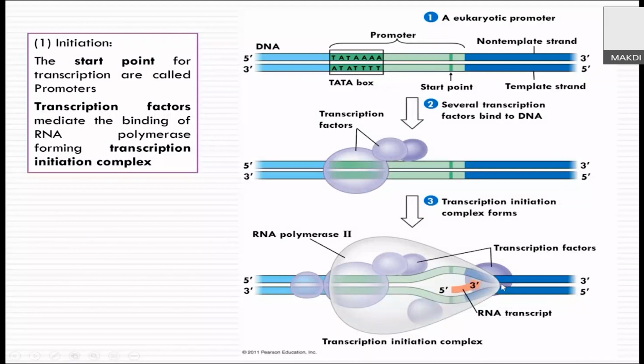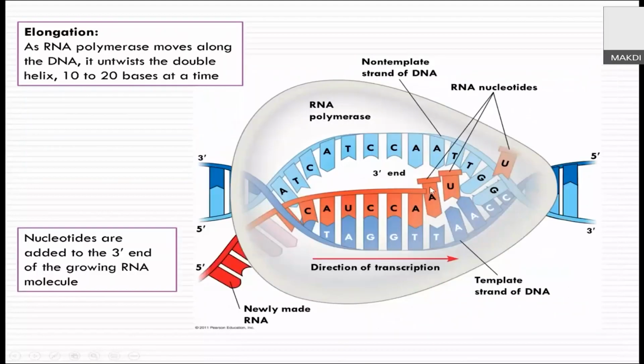RNA polymerase can create RNA without a primer. So it does not need a primer. It directly transcribes based on base pairing. The only difference is that T is replaced by U, because the codon for the mRNA is different. But the concept is the same as DNA replication.